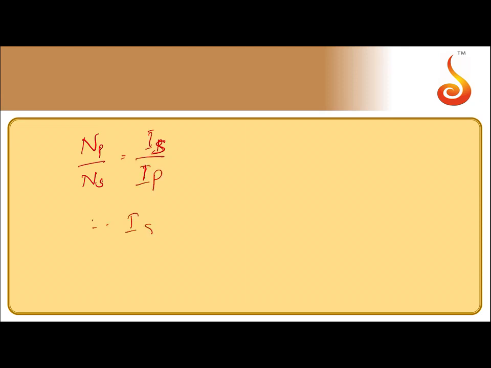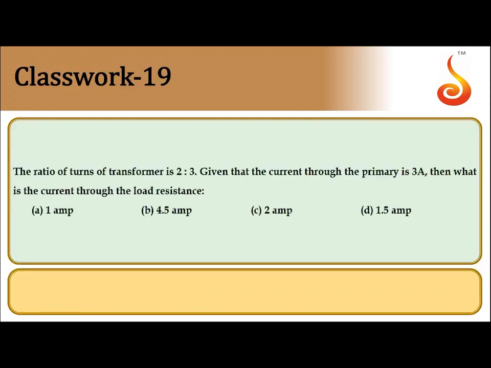Therefore, current through the secondary is Ip into Np divided by Ns. The current in the primary is 3, so 3 Np divided by Ns. With the ratio of turns of the transformer 2:3, the current in the secondary is 2 ampere. Two ampere is our correct choice.